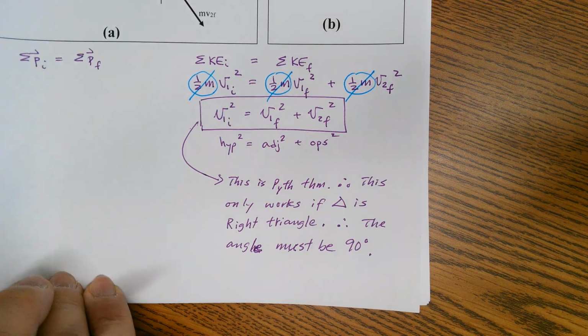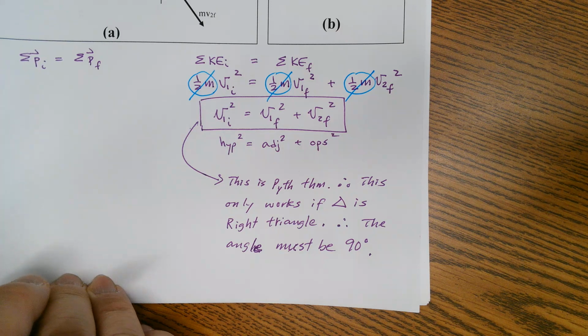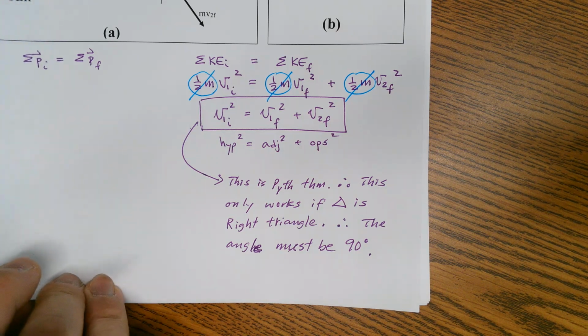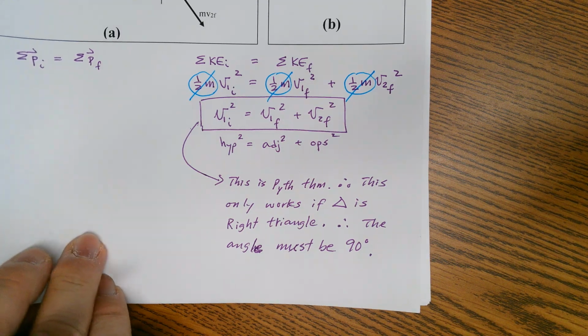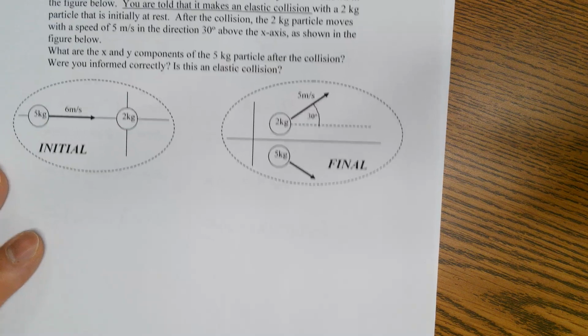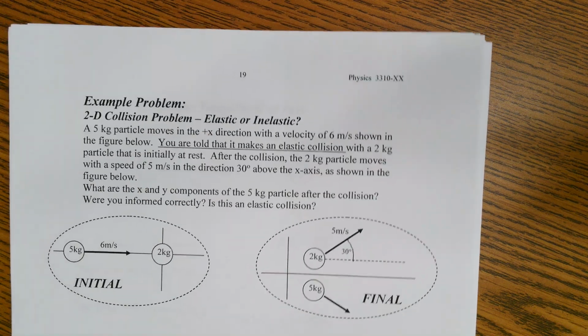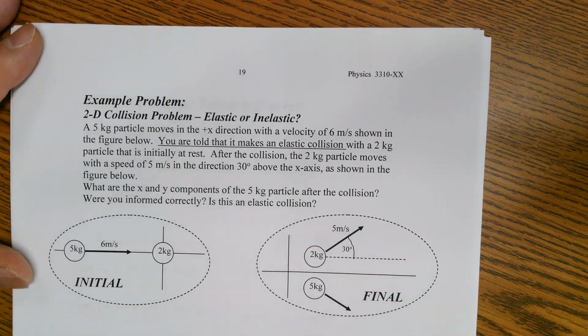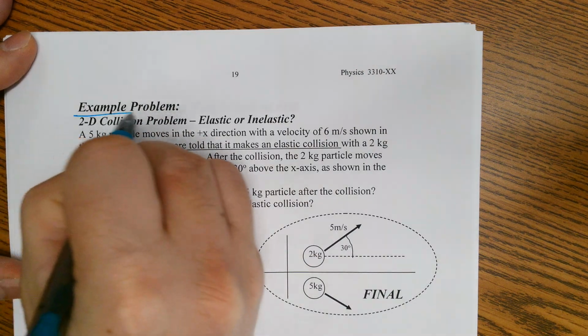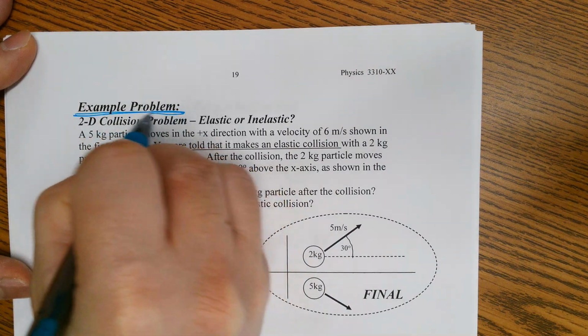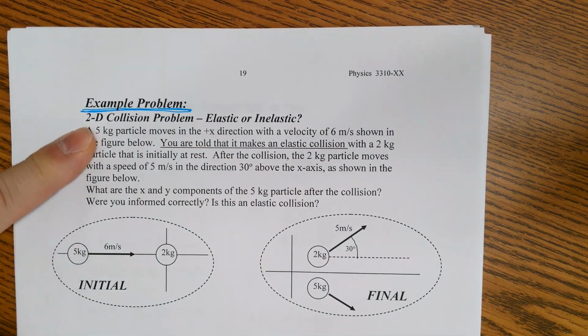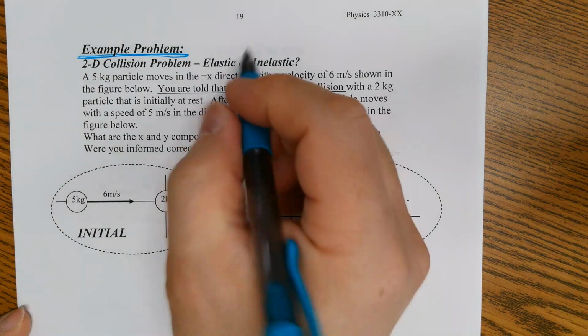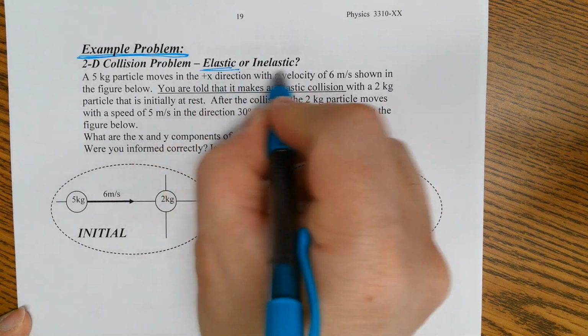All right. Now let's take a look at an example problem with some numbers in it to see if it is an elastic collision or not. So here's an example problem. We have a two-dimensional collision problem. Is it elastic or is it inelastic?